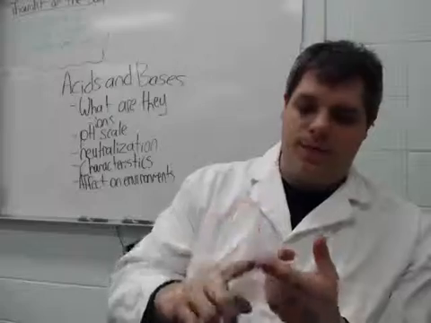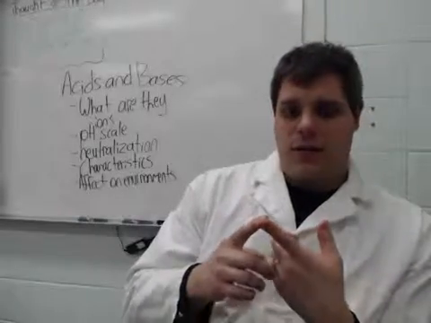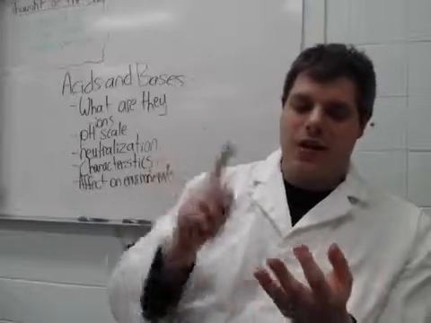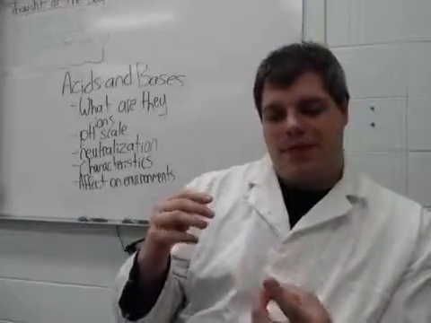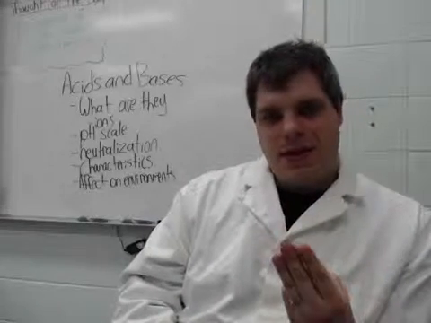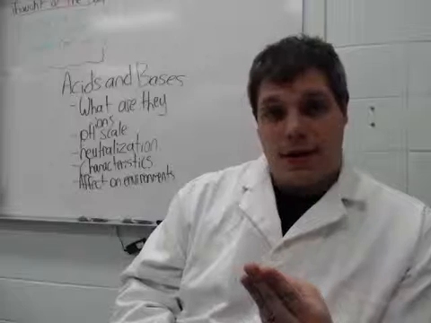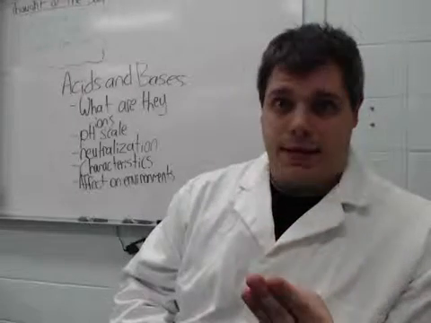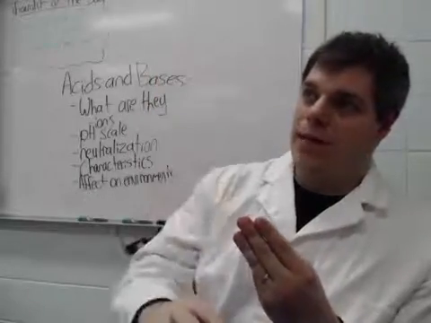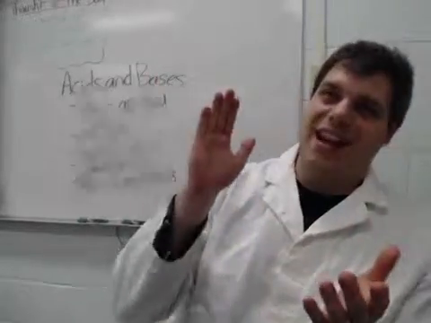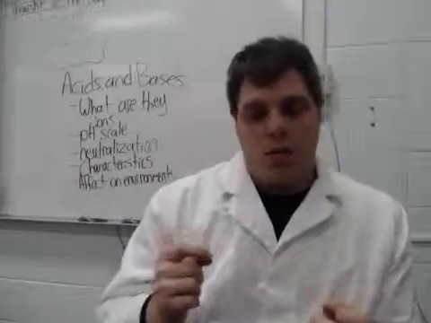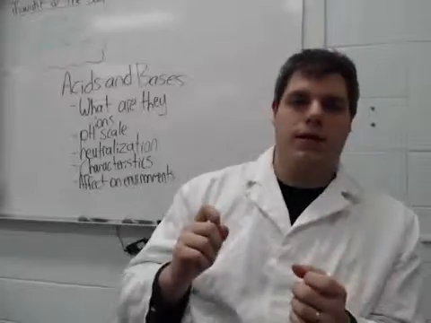Like sulfur dioxides, things that we release from burning fossil fuels, nitrogen dioxides, carbon dioxides. We make those from burning fossil fuels, and they go up in the air, they dissolve inside of water, and then produce acids. And then those acids come pouring down into our rivers, lakes, and ponds, and in a high enough concentration, if they introduce enough H+ ions into the water, they can totally mess things up.